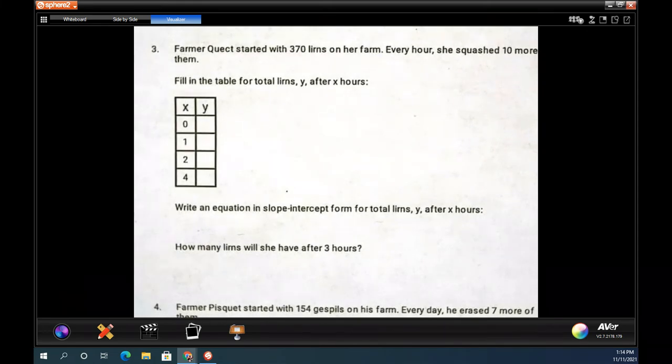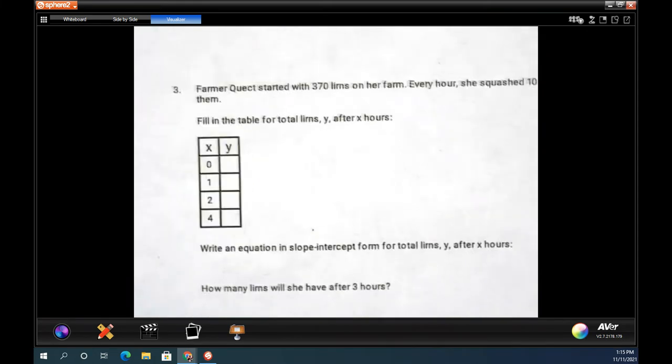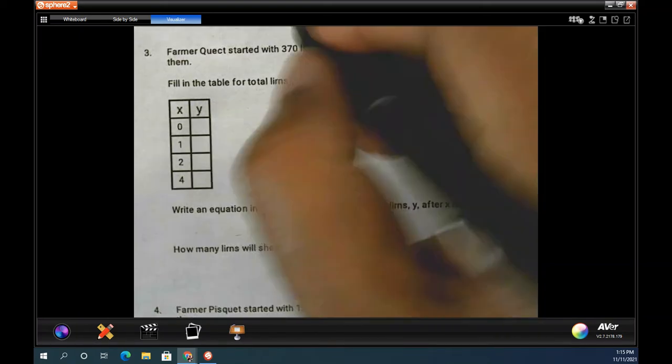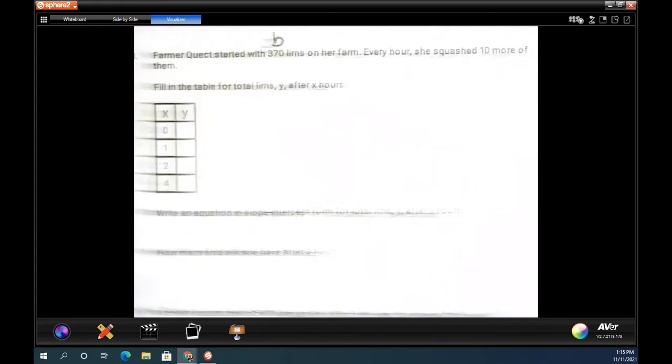Okay, let's turn it on the back. Look at number 3. What is our B going to be? What's B going to be? 370. Now, look at this.